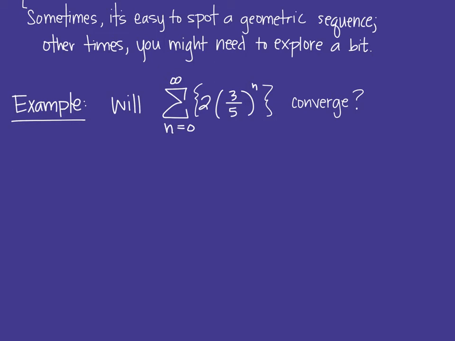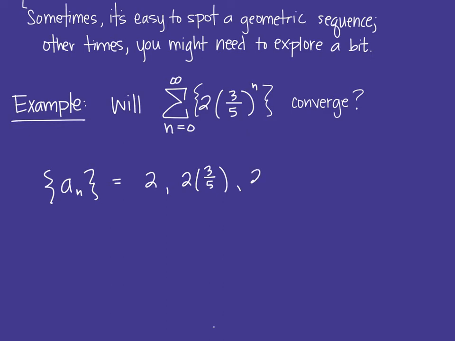Okay, so if I'm just sort of exploring this a little bit, my terms are going to be, what's the first one? If I drop 0 in, what do I get? I get 2. My second one will be 2 times 3/5. I don't need to work it out.